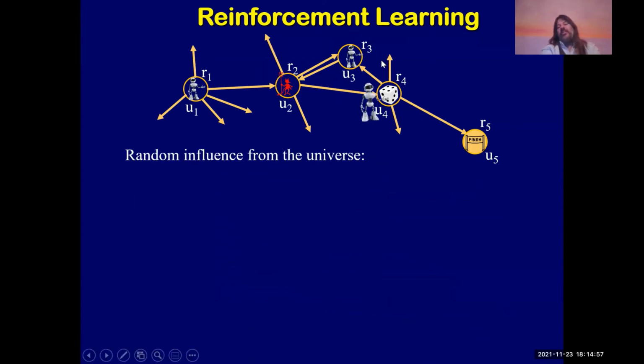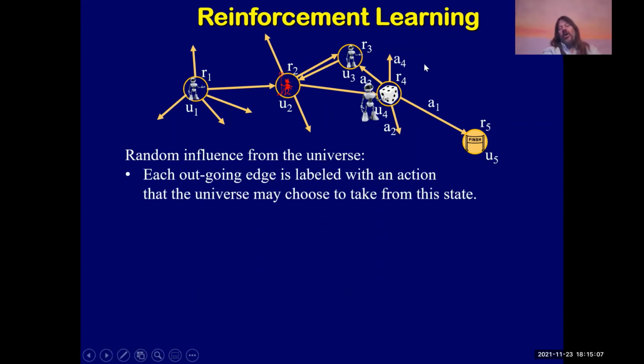So now we can do what we did with Markov chains. We can say, well, in this state, the universe is rolling coins. And so there are various actions that it could take. The universe is taking an action. Should it rain? Should it not rain? Should it snow? Those are the actions that a random person should take, or you're playing Monopoly, roll dice.